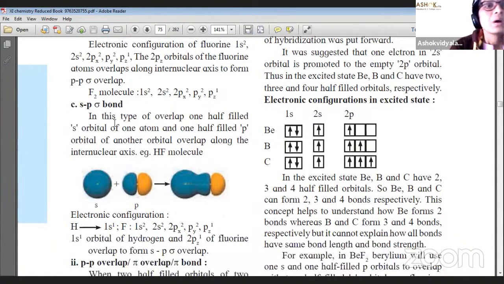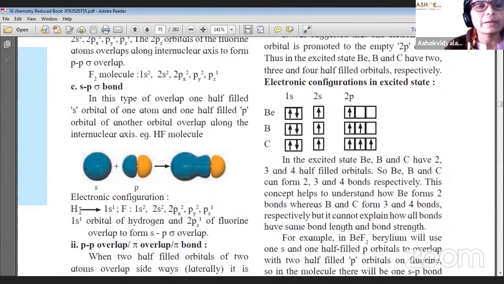In this type of overlap, one half-filled s orbital, for example of the hydrogen atom, overlaps with the 2pz orbital of fluorine. This is the formation of the HF covalent bond, that is a sigma bond, and this overlapping between the s orbital and p orbital is along the internuclear axis.